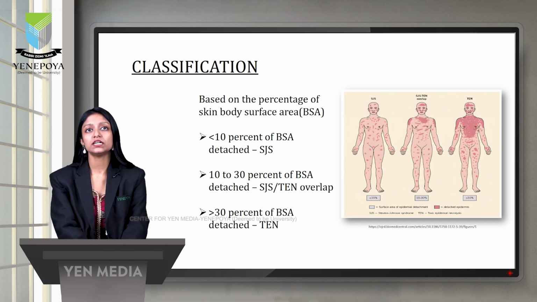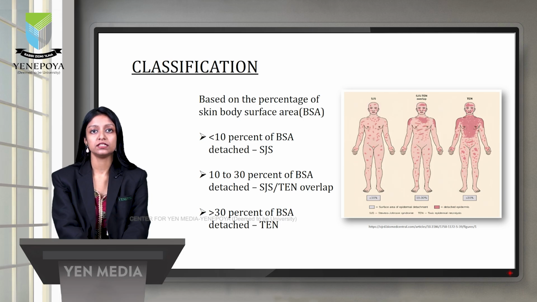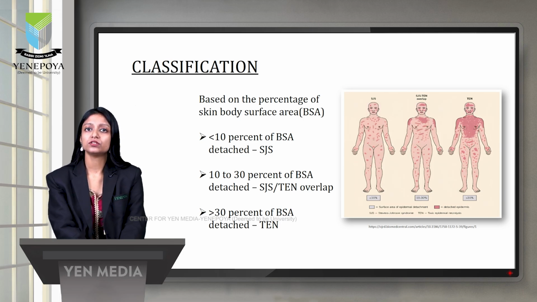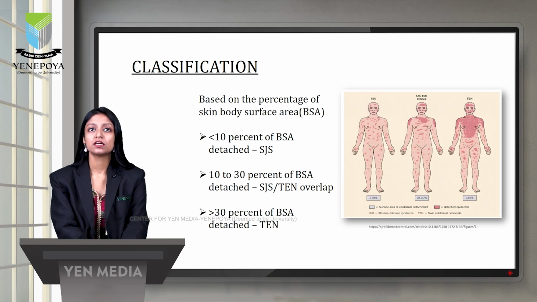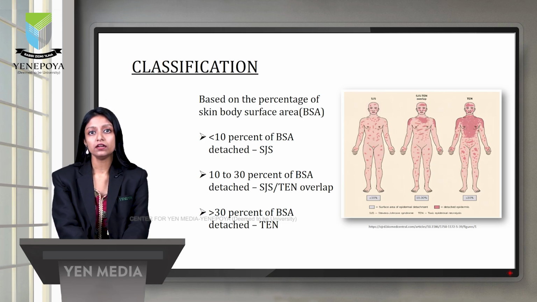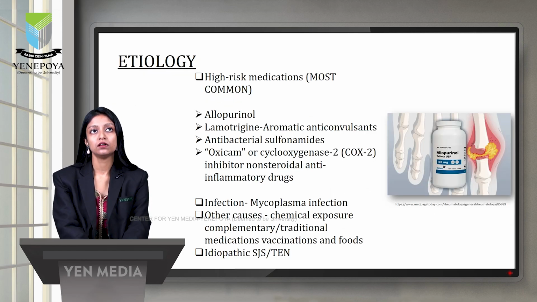If less than 10% of body surface area is detached, we term it as SJS. If 10 to 30% of BSA is detached, there is an overlap between SJS and TEN. And if more than 30% BSA is detached, we will call it TEN.